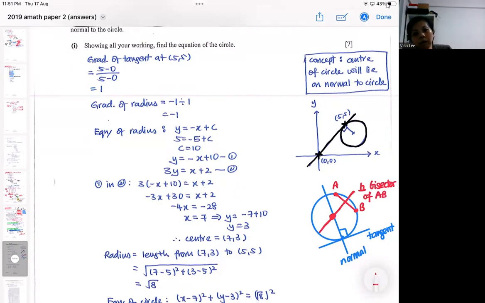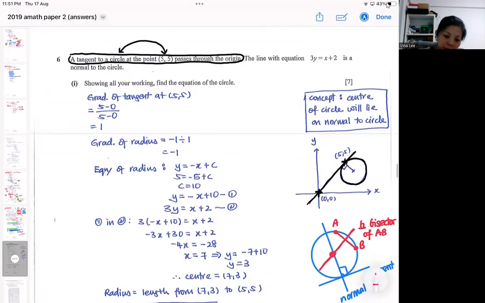These are the few properties that you need to know. For this question, the one they are giving me is something like this. This is the normal, and this normal will definitely pass through the center.